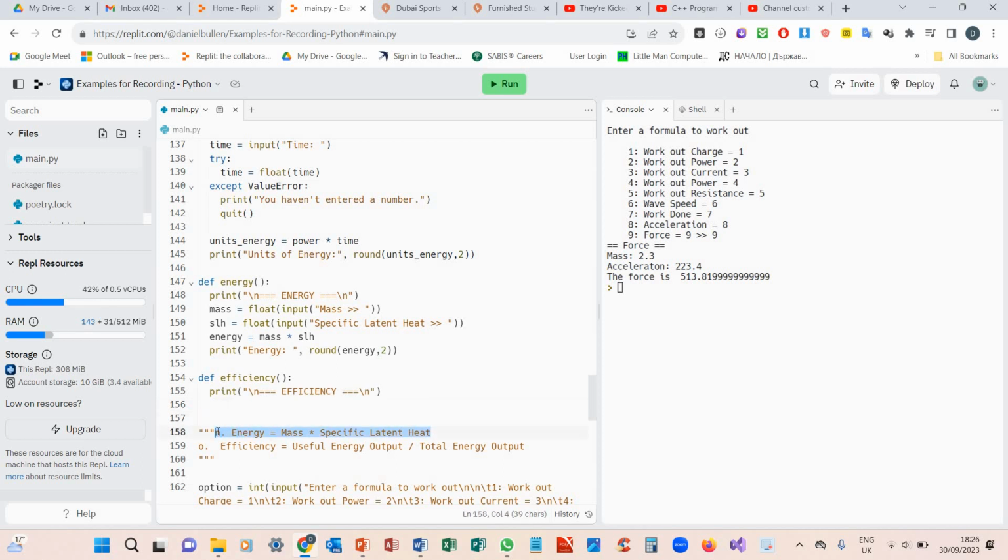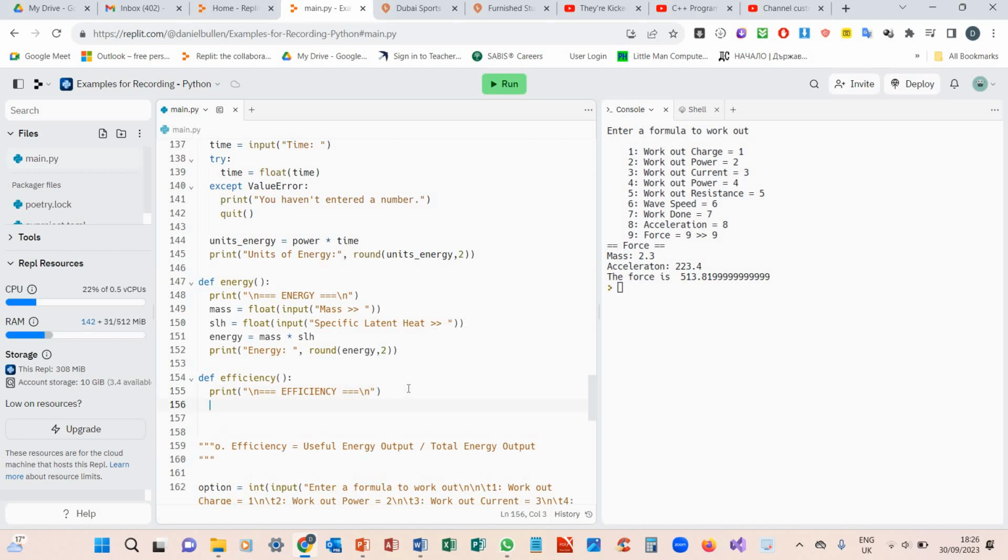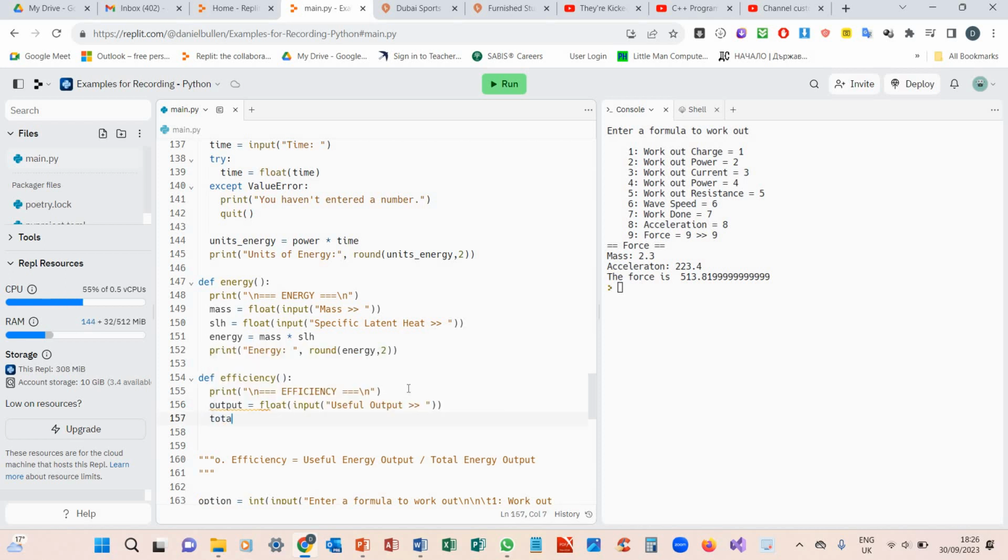Last but not least, efficiency. So output. So that's going to be useful output. And total output, so that's going to be total energy output.